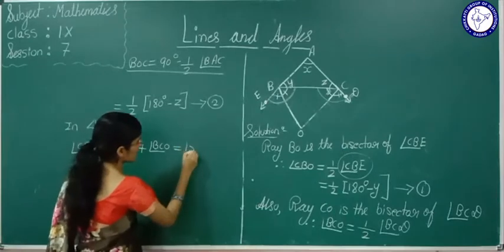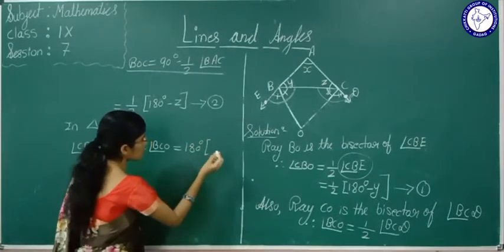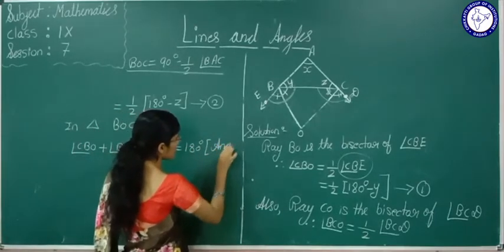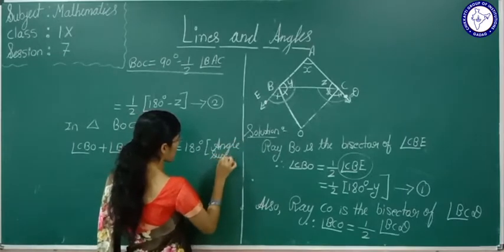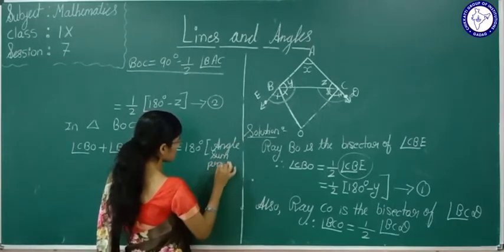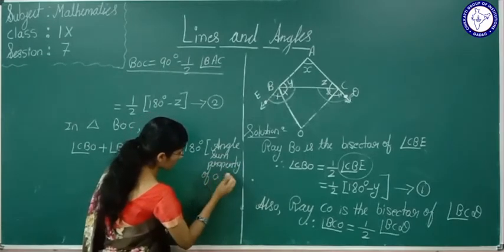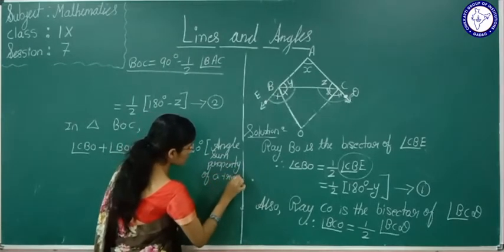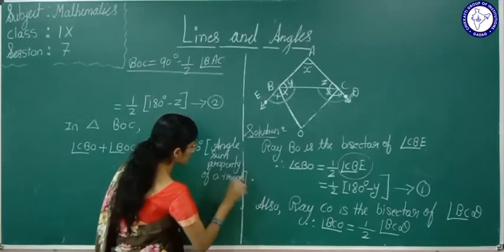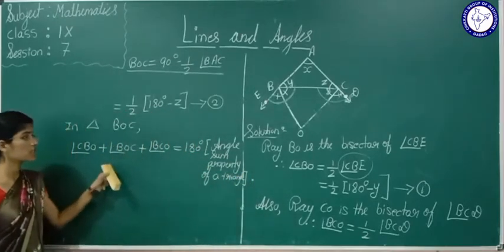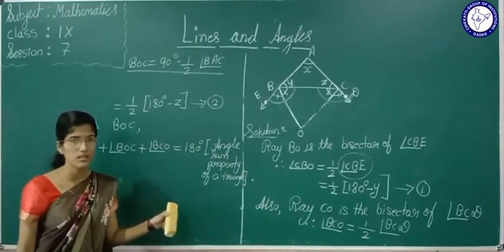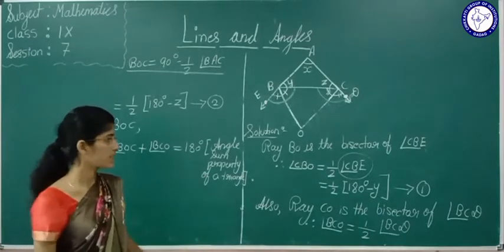It will be 180 degree, by the angle sum property of a triangle. What is that angle sum property? The sum of the interior angles of a triangle will be 180 degree.